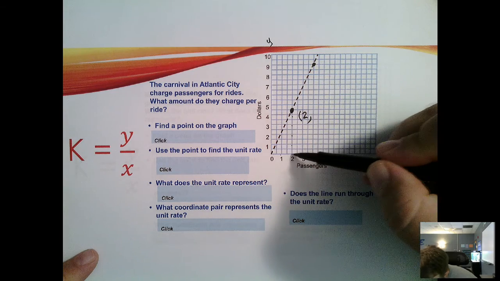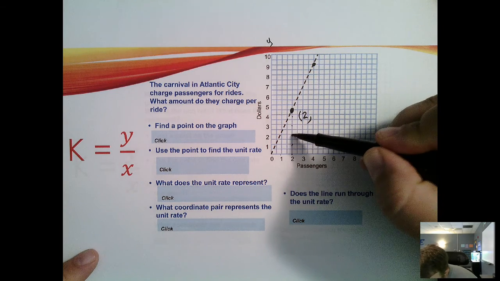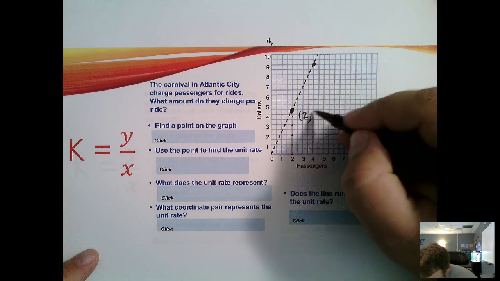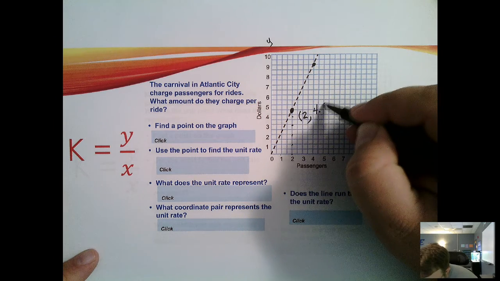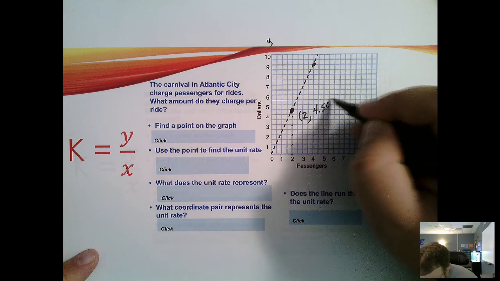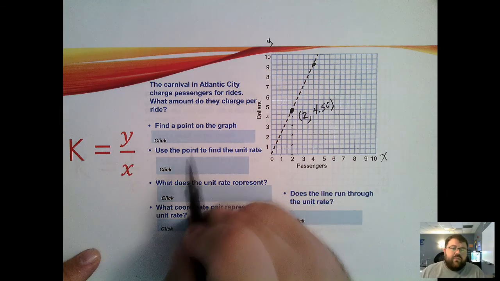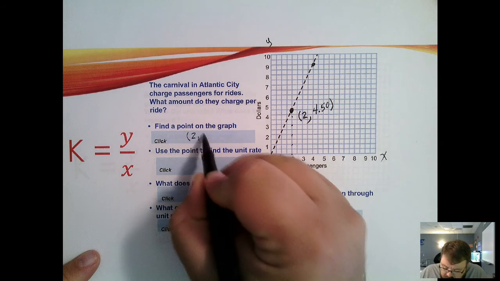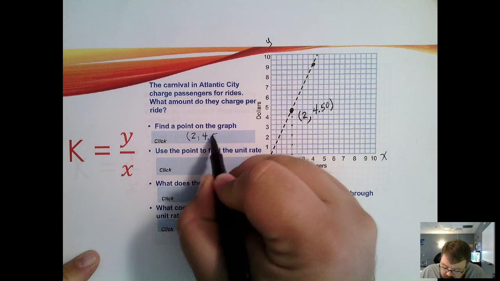I'm going to make sure I'm good. 1, 2, 3, 4 and a half. So I'm going to put 4.50. Okay, so the point I'm going to give you is 2 and 4 and a half.